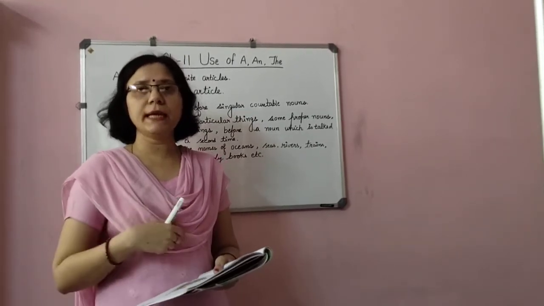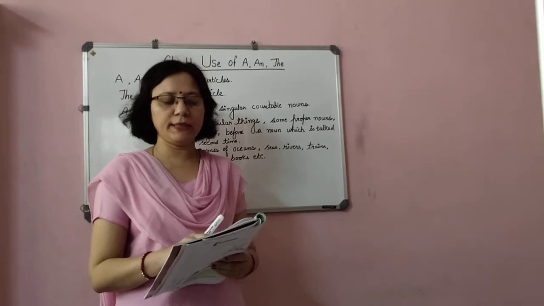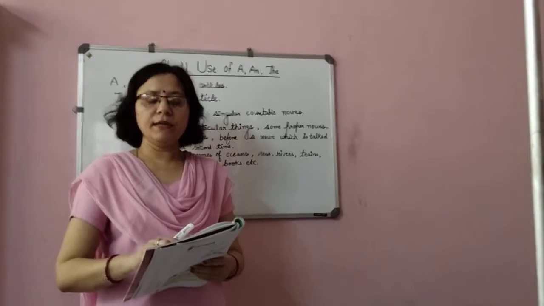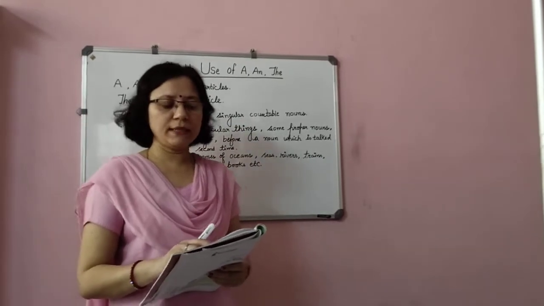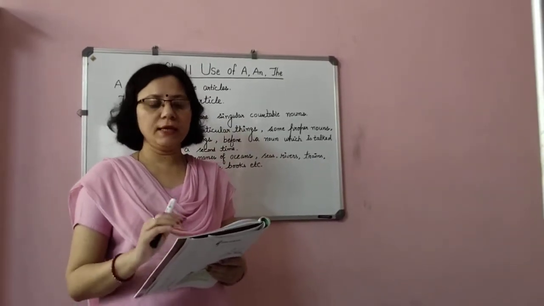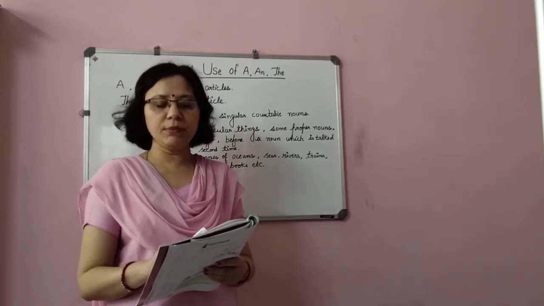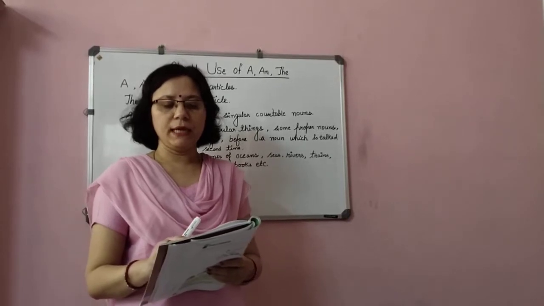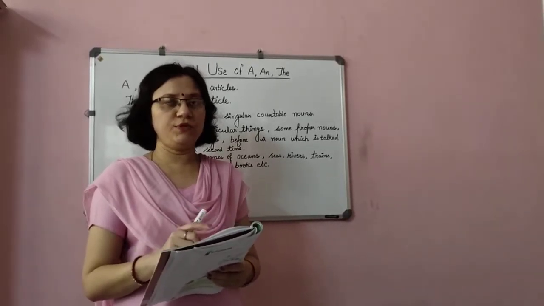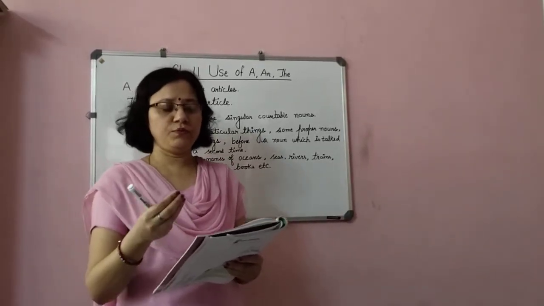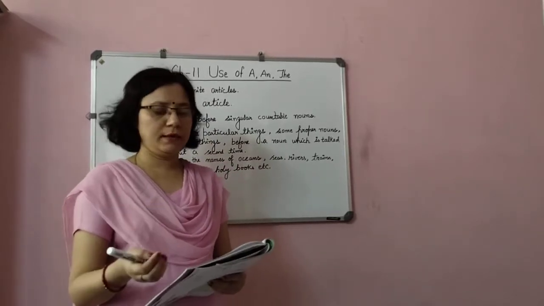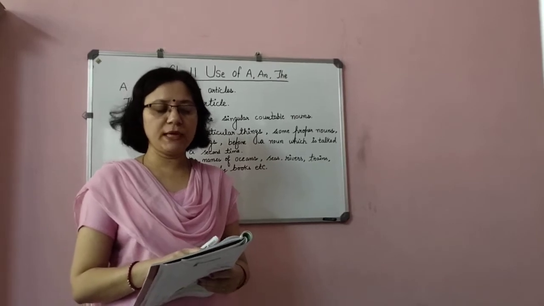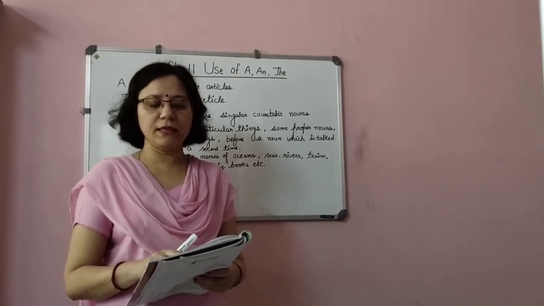Now we are talking about a cat, so we will say a cat spotted the teeny baby. Why the teeny baby? Because in the previous line we have talked about the baby. Out came a baby bird. We are talking about that baby bird from that egg. So we are saying a cat spotted the teeny baby.